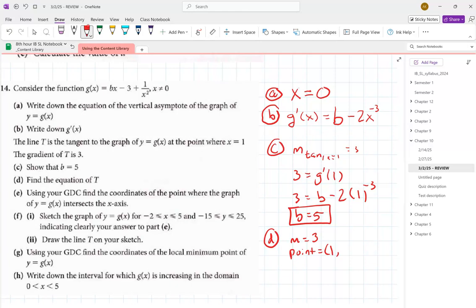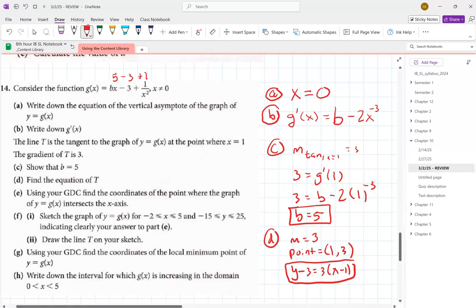How am I going to get that something? Plug it back into here. So 5 minus 3 plus 1. That's 3. So y minus 3 equals 3 times x minus 1. That's an equation for T. It doesn't tell me it has to be in a specific form, so I am not worrying about it.